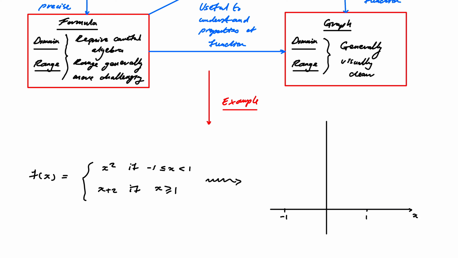So we've got the x-axis, y-axis. Okay, so between -1 and 1, y is equal to x squared. So that's this parabola business. So what does that look like? In fact, let me get this a bit nicer.